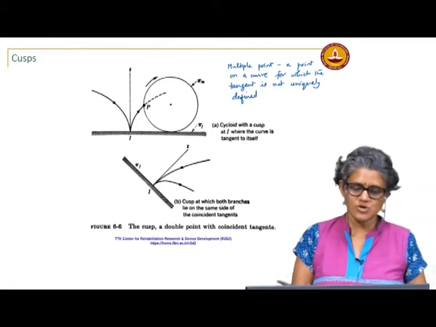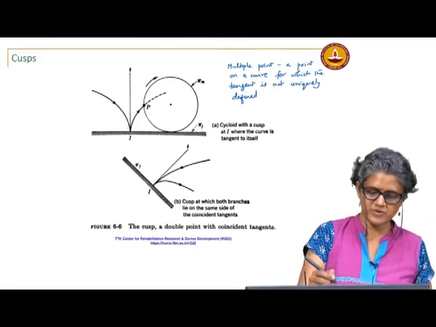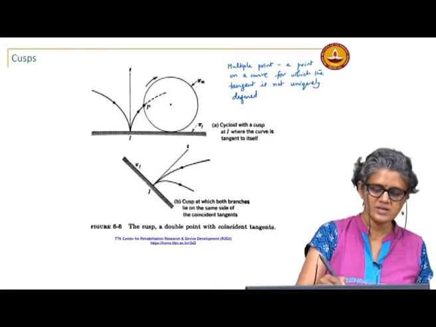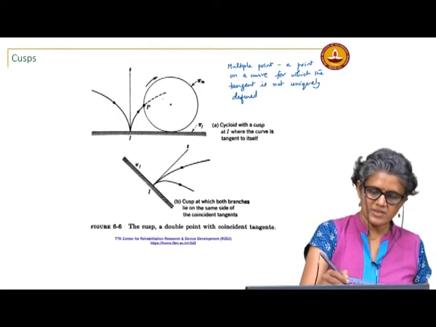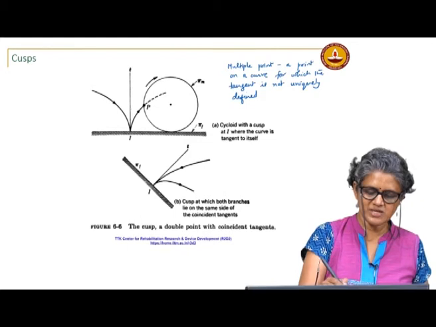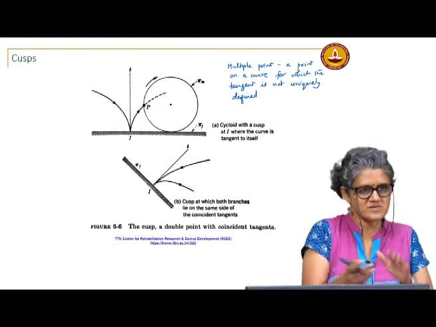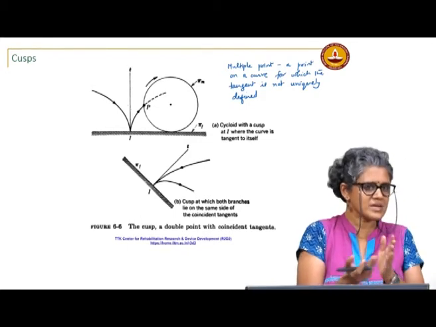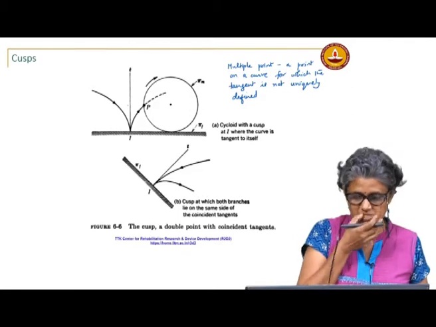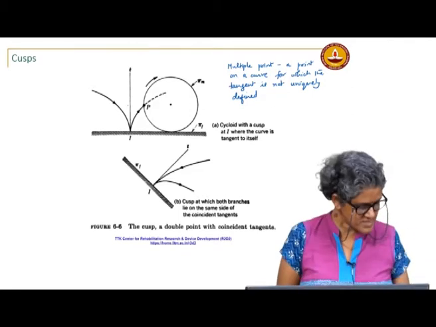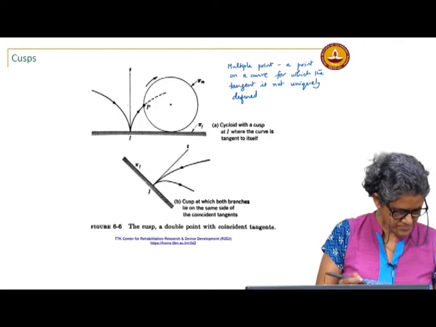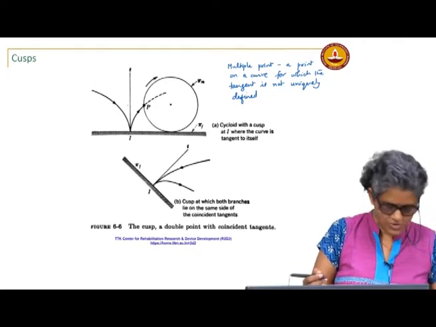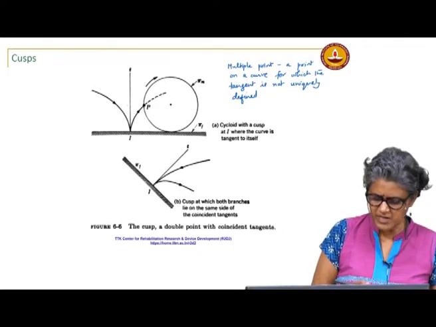In the case of the cusp, for instance, if you look at this as the curve, then you have this tangent T for this curve as well as for this curve. The curves are coincident. In the case of a cusp, the two tangents are coincident. So, these are a cusp and a crew node.